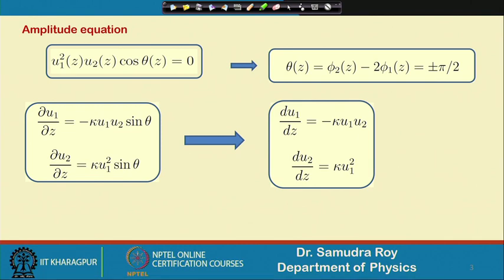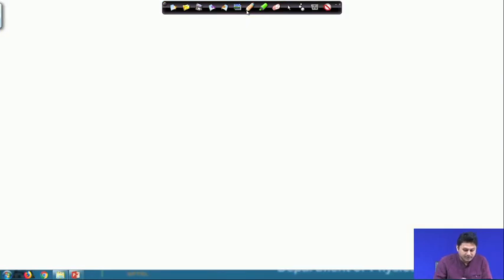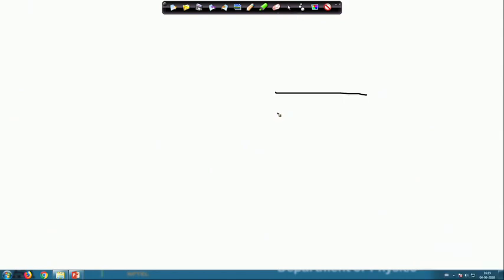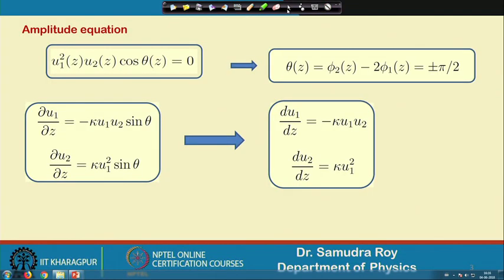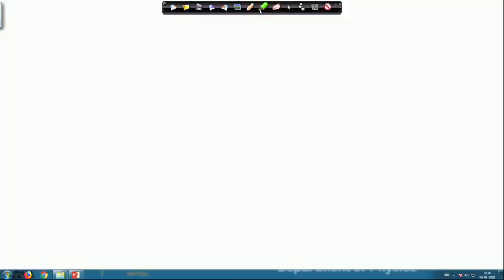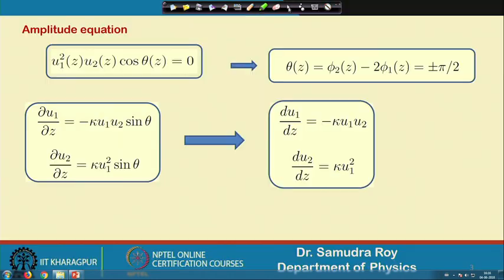In the previous class we did a few things. One important thing that we derived is that one quantity is conserved over the distance. Let me go back to the slides. So, one quantity is conserved, and that quantity is this one: u1 square u2 multiplied by cos theta.